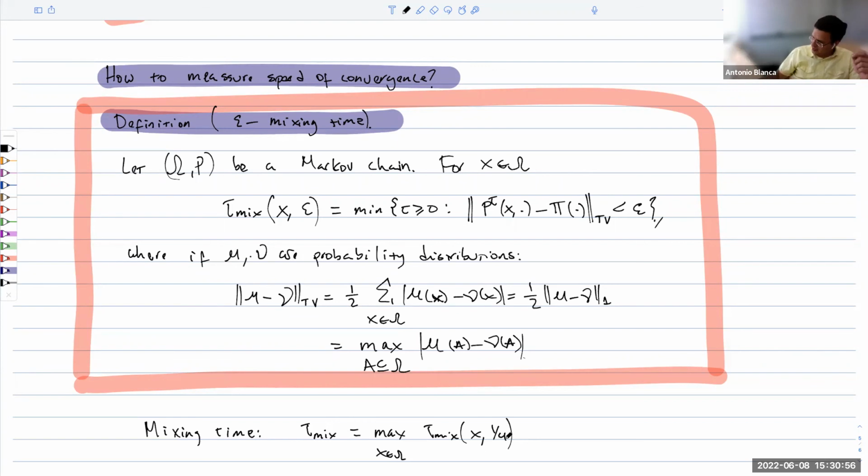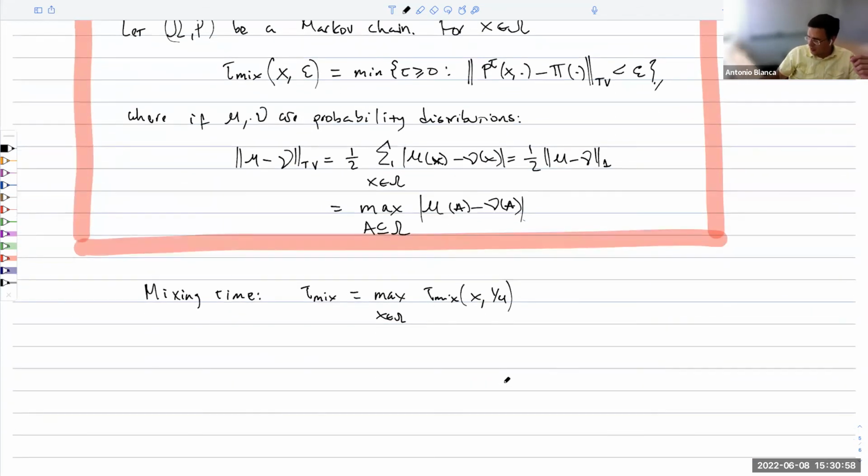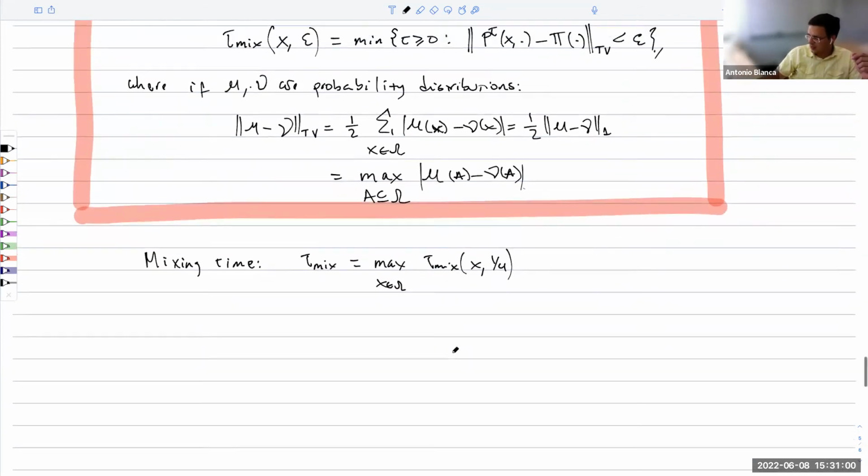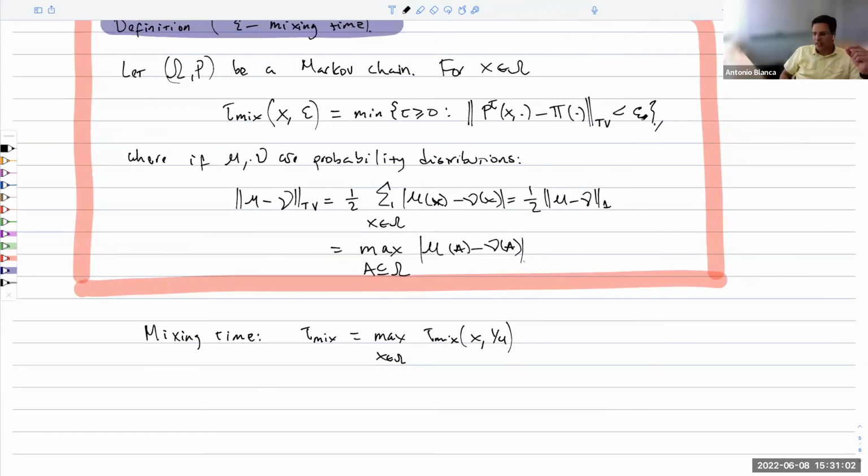Once this total variation distance is less than 1/4 after t steps, if you go t log of 1/delta steps, you can make your distance less than delta. So with a multiplicative logarithmic factor, you can get a much smaller error rate.